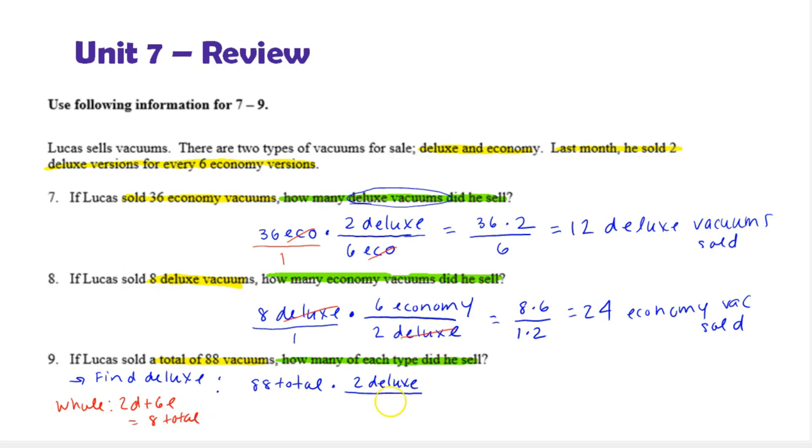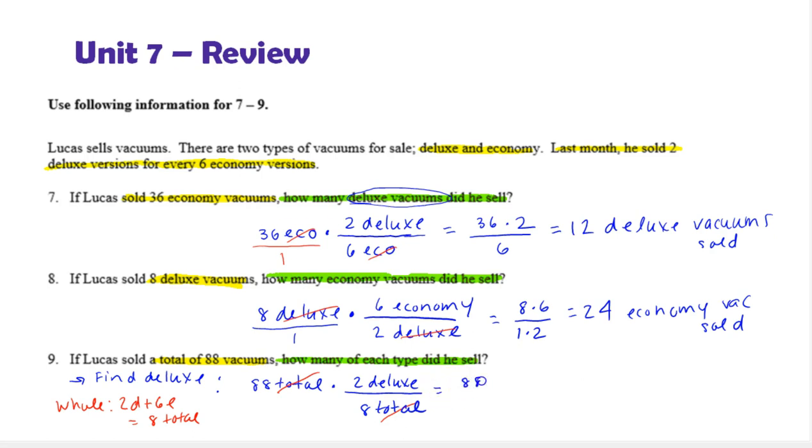Okay, so that's going to be our denominator here. So we could also think of it as 2 out of every 8 vacuums sold are deluxe. So we'll put 8 total. Now notice the totals cancel. And we can multiply across.